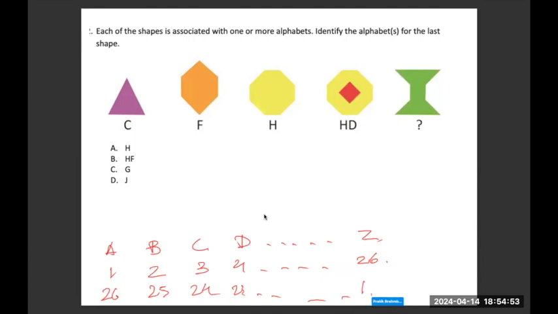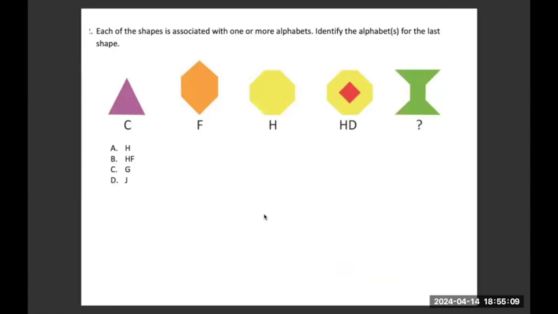So you know that A may correspond to 1, A may correspond to 26 also, B may correspond to 2, B may correspond to 25 also. So in case of analogy or aptitude related questions, this kind of reference helps you a lot. Okay. So in this case, what we find is a three-sided diagram has C as the alpha value.